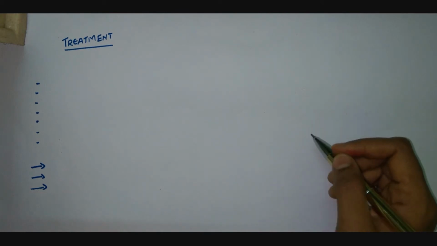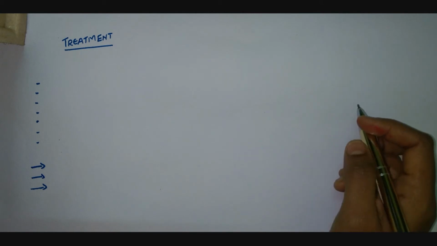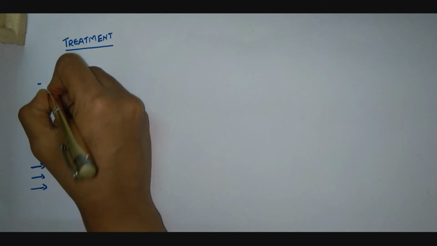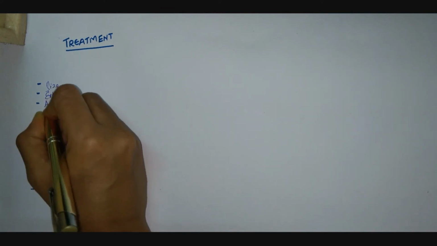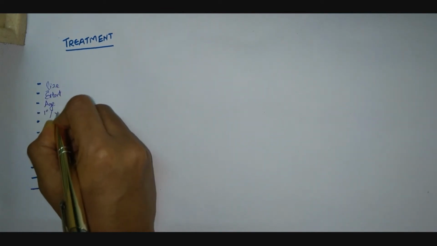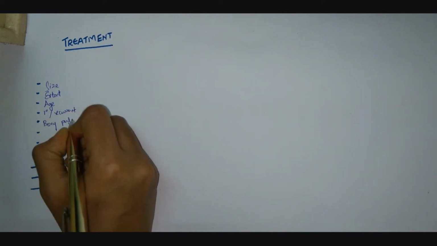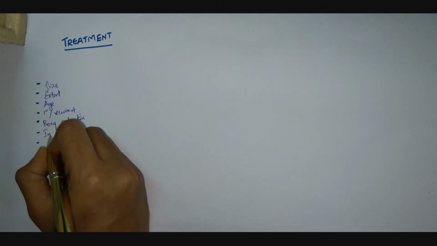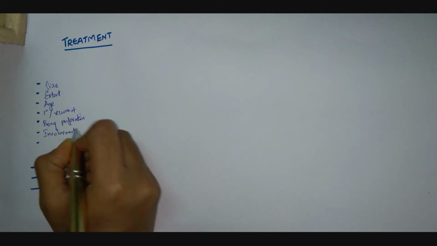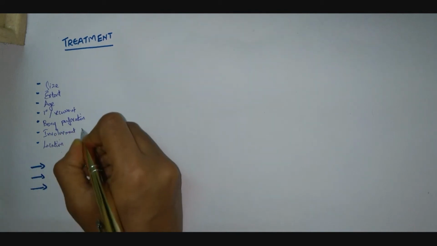Moving on to the treatment of odontogenic keratocyst. Various modalities are suggested and discussed, based on the size of the lesion, the extent of the lesion, the age of the patient, whether it is a primary lesion or a recurrent lesion, whether any bony perforation is present, the involvement of the adjacent soft tissue, and also the site of the lesion.